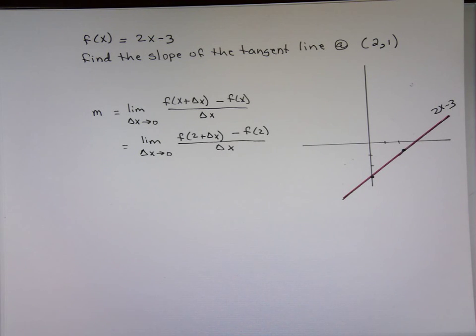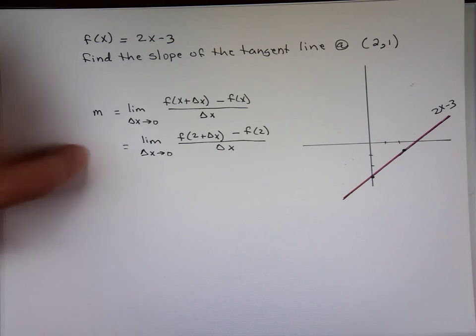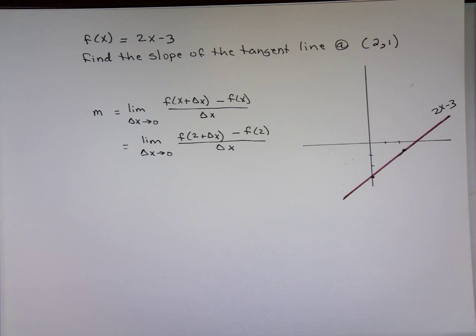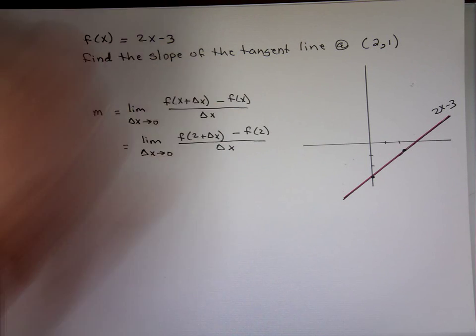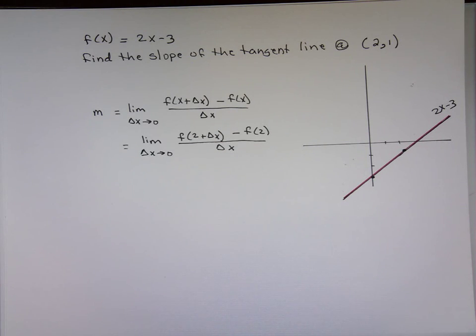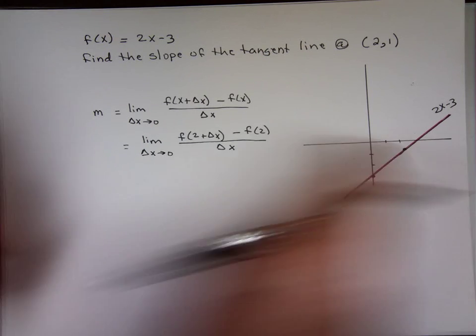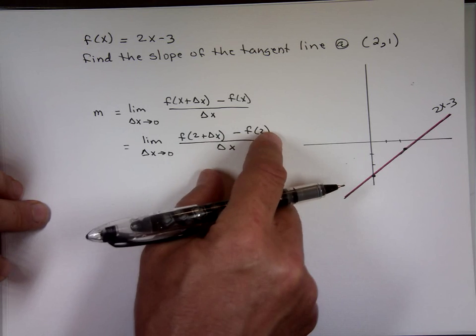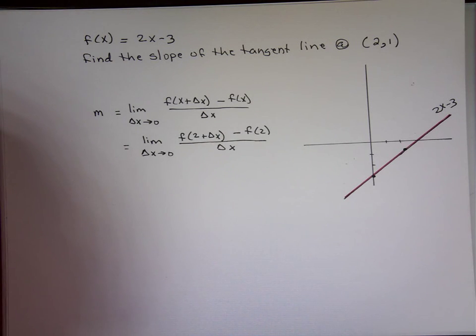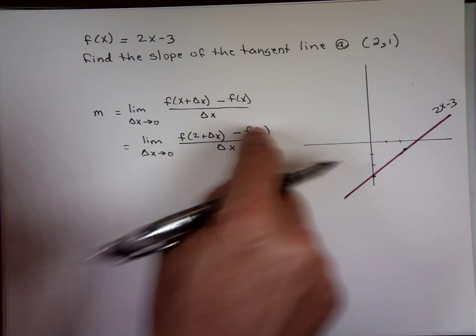That will give me the slope at 2. If I want the slope at 3, it will be f of 3 plus delta x minus f of 3 divided by delta x. If I wanted the slope at 50, it becomes f of 50 plus delta x minus f of 50 over delta x. So I need to find the answer to each one of these.